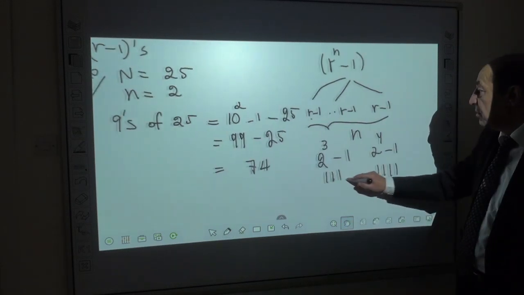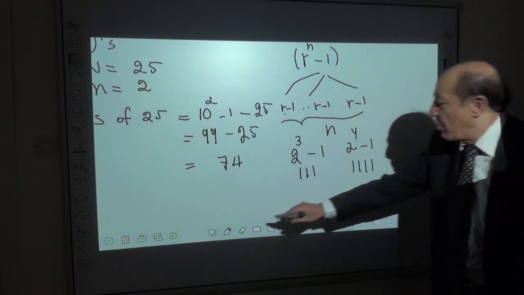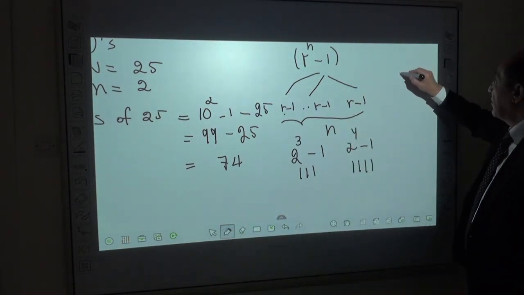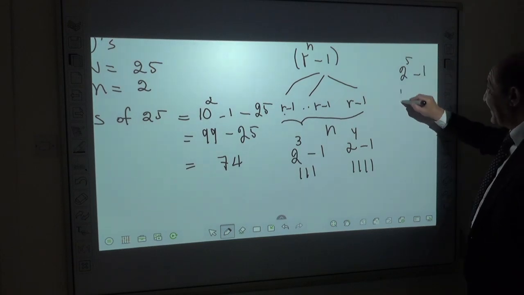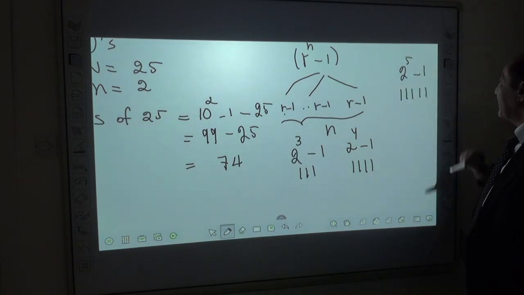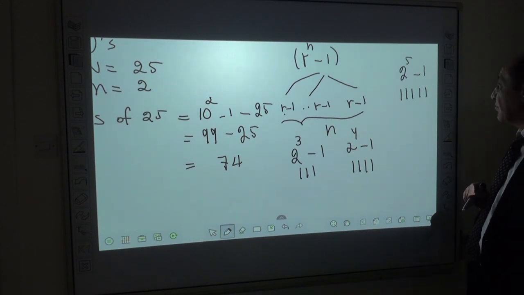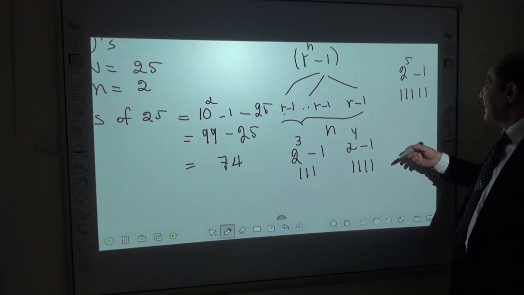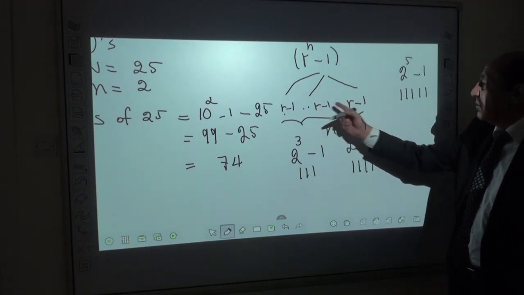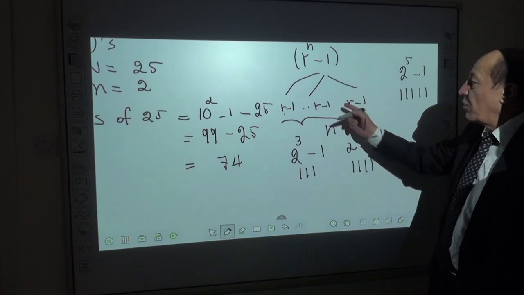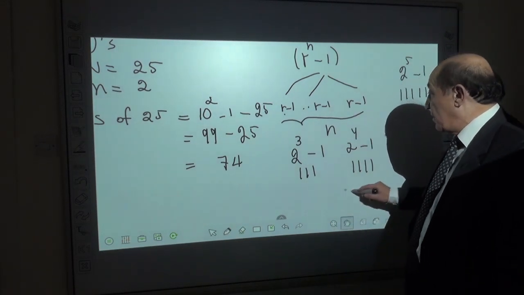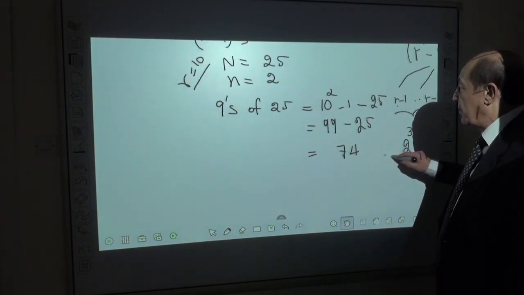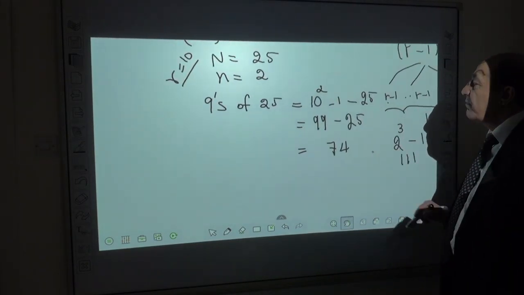And 2 to the power 5 minus 1 is 5 ones. And in any numbering system, you can note that. We go back to our example.